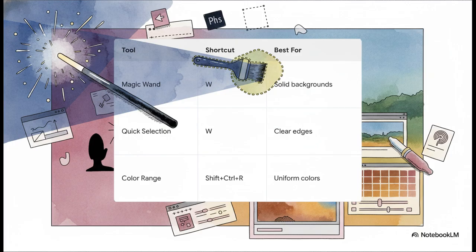In that case, you switch to the quick selection tool, also under W, and just brush over your subject. Photoshop snaps right to those high contrast edges. But what if the background isn't perfectly solid, but it does have a very uniform color tone throughout? That is exactly when you go up to Select, then Color Range, and gently tweak your fuzziness slider until the subject isolates. By simply matching the tool directly to the visual data of your image, you are saving an enormous amount of time.